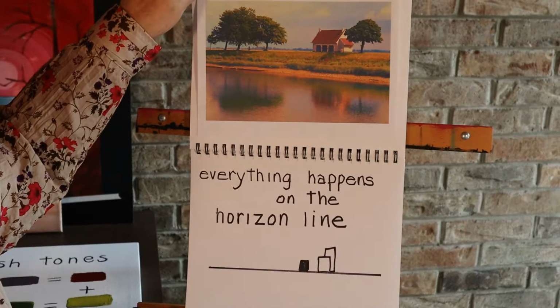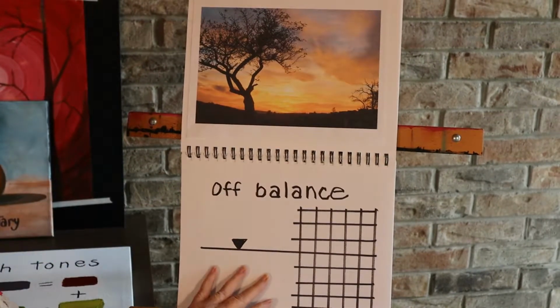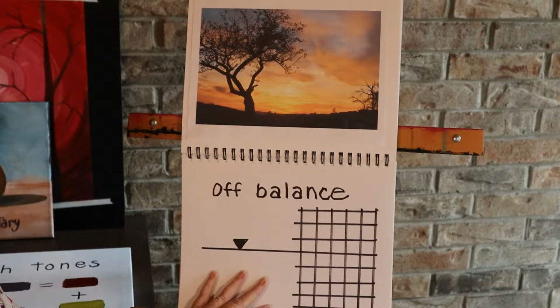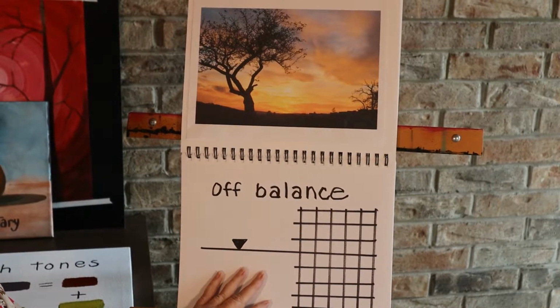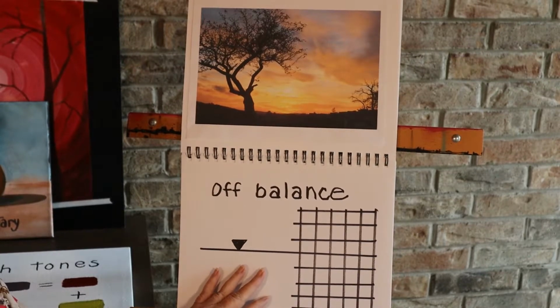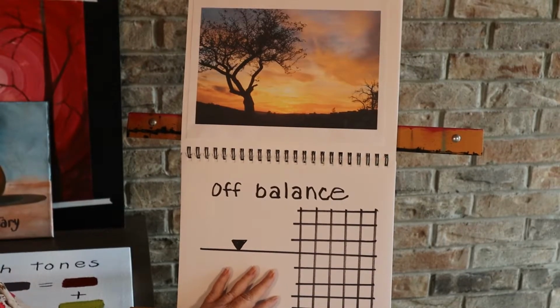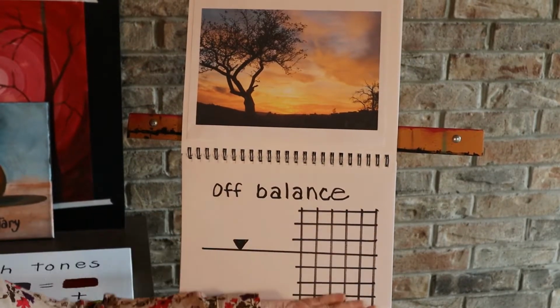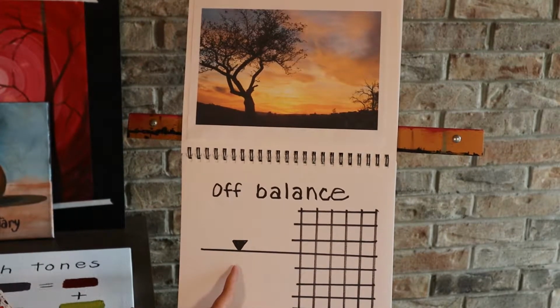Okay, the next one is off balance. A lot of painters love this one, especially the old masters. I noticed they chose this composition often. So when you have an off balance composition, that means there's a lot going on one side and there's very little going on the other side.